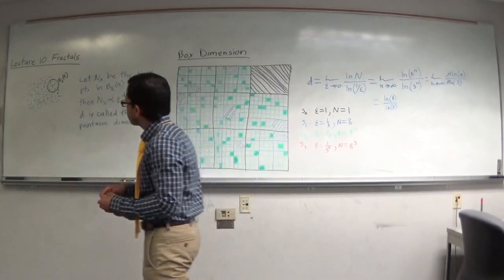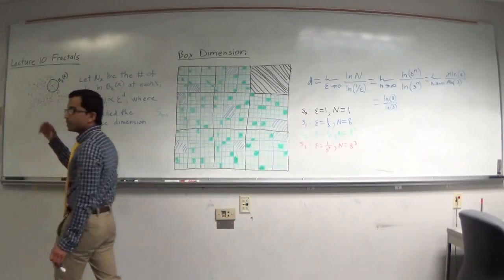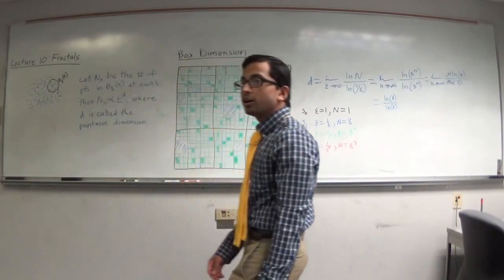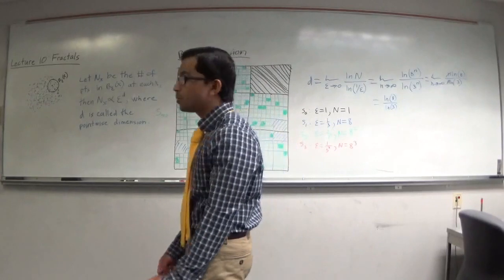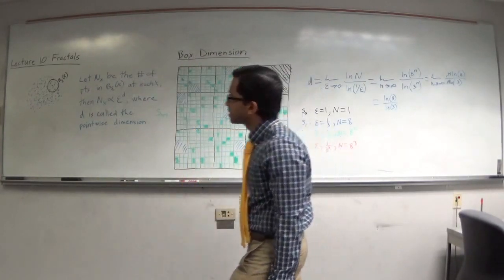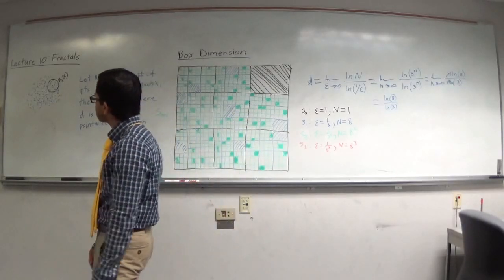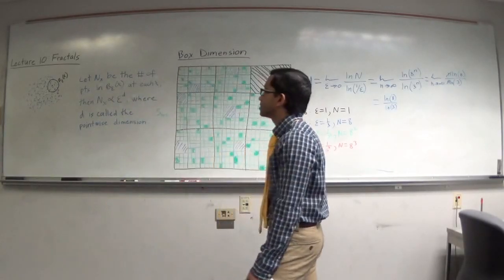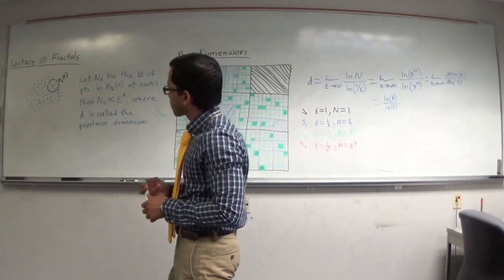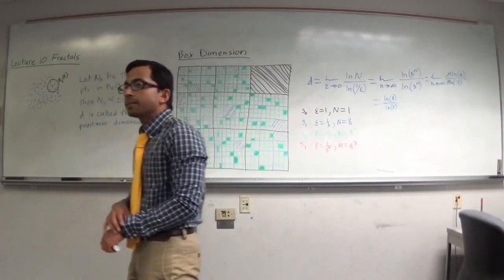So we can see it from here. But now we're not just interested in this. We want to see what the dimension of that entire set would be. So we have this chaotic dynamical system, and we're looking at the phase space, and we want to see what the dimension of that entire set would be.